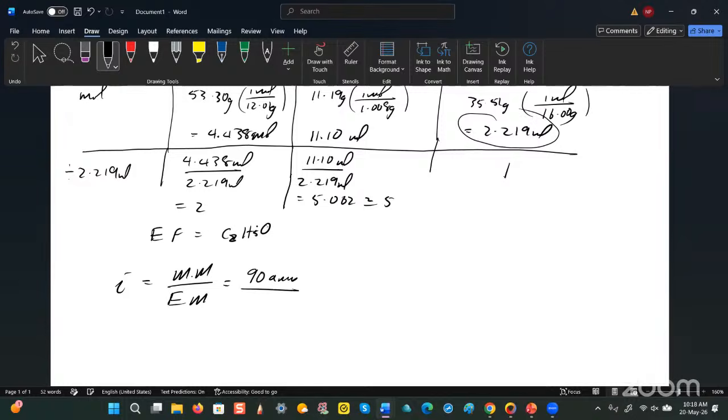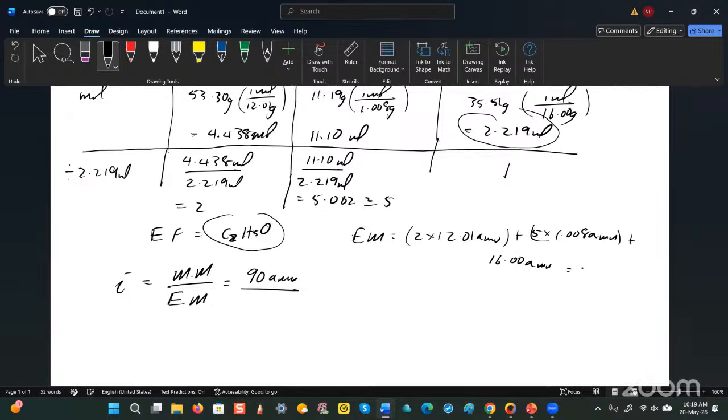The empirical mass would be the sum of the masses of all of this. So the empirical mass in this case would be 2 times 12.01 AMU plus 5 times 1.008 AMU plus 16.00 AMU.